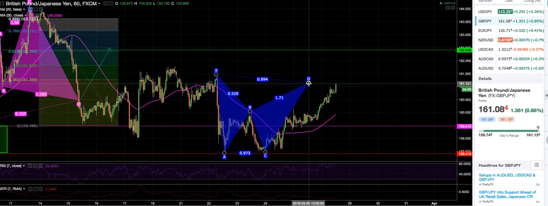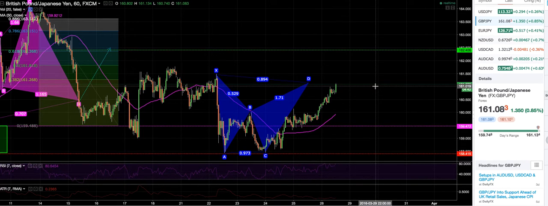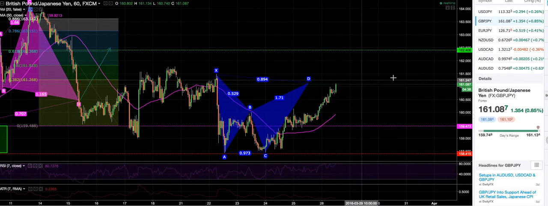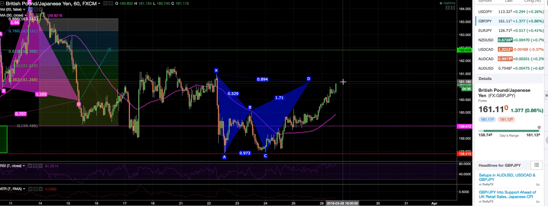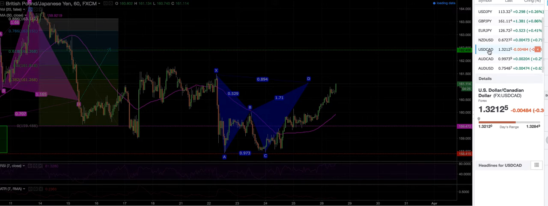Maybe I spoke too soon when I said not much is going to be happening in the market. But anyways, we're filled on the pound yen on the bat pattern. I'm going to be posting this bat pattern onto TradingView after this video, and we are currently involved with dollar CAD.